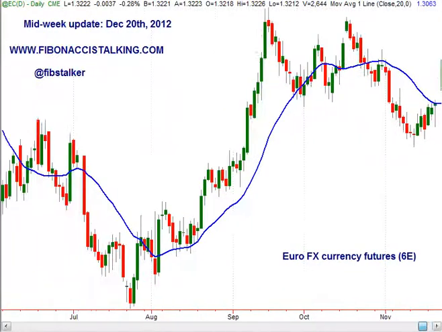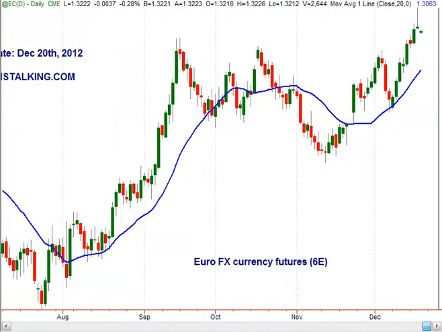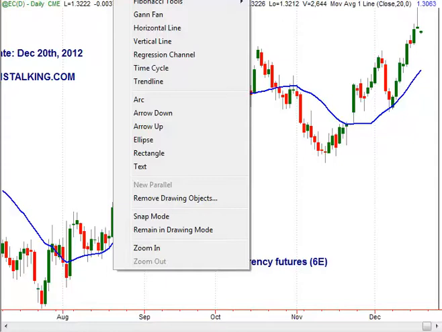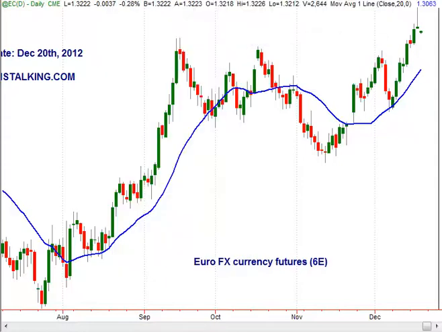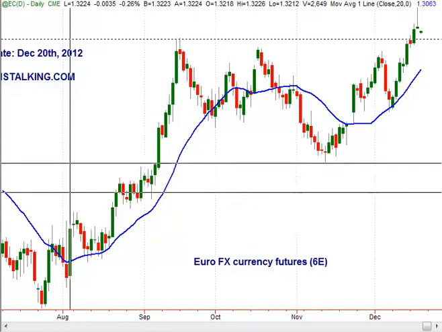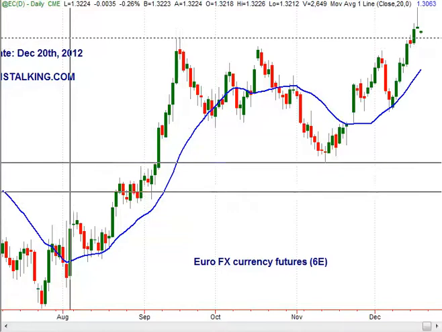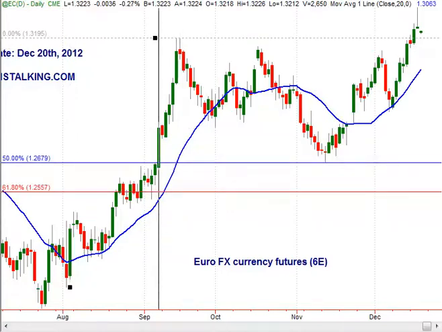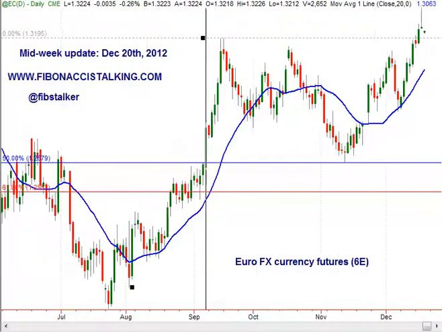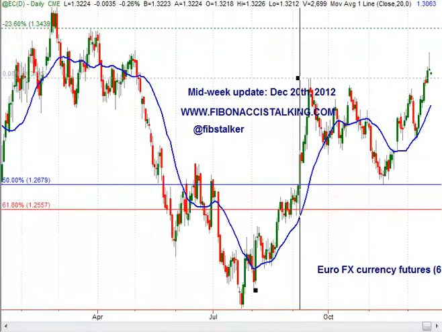EURFX currency futures. What you see on the screen is the continuous contract. You will remember that we identified this support level here at 126.65 on the previous December contract, and it's now 126.80 on the March contract, and this long setup has targets above in 134.30.